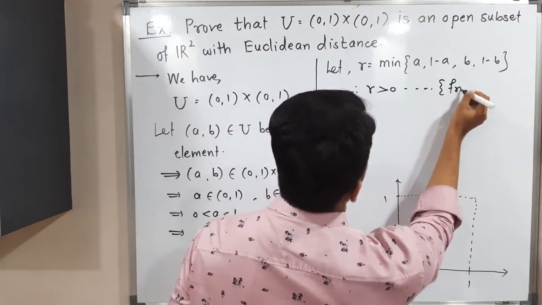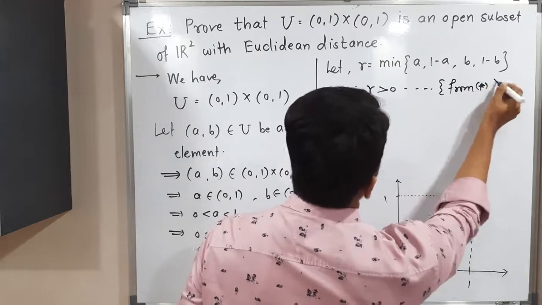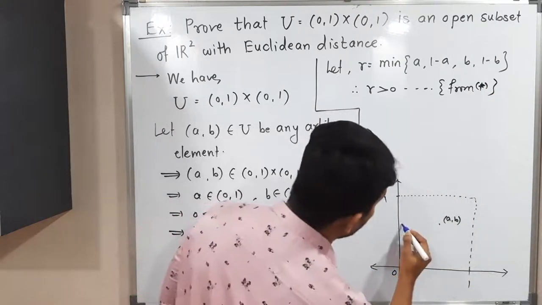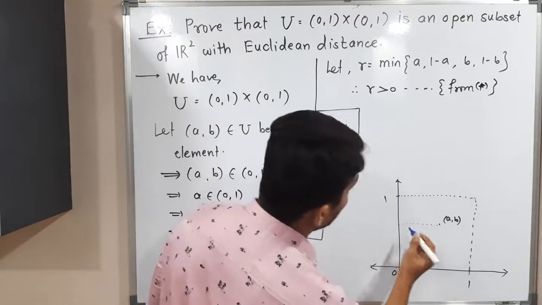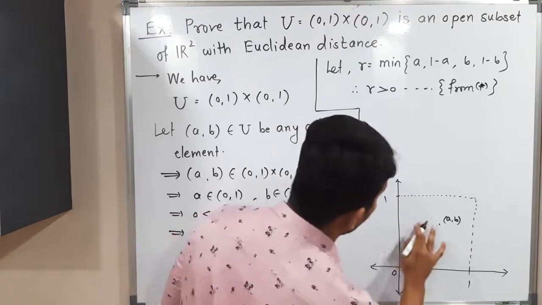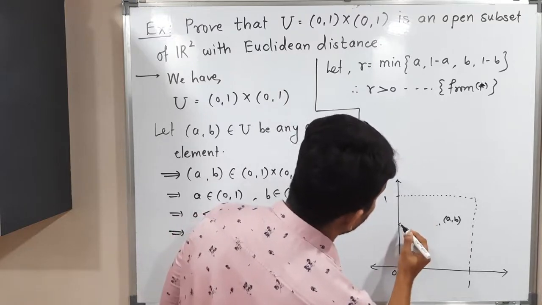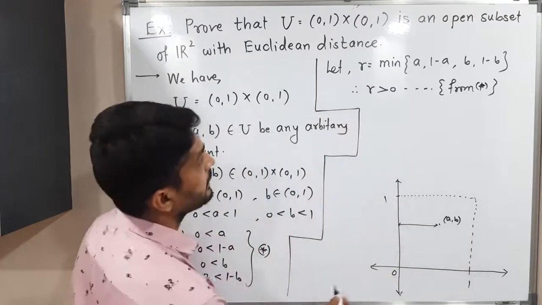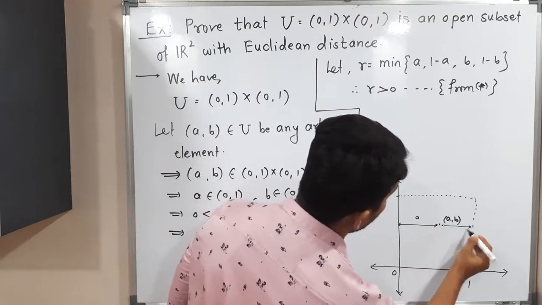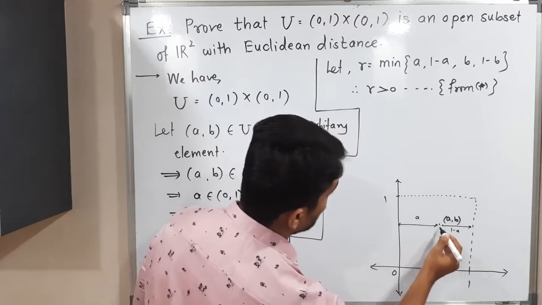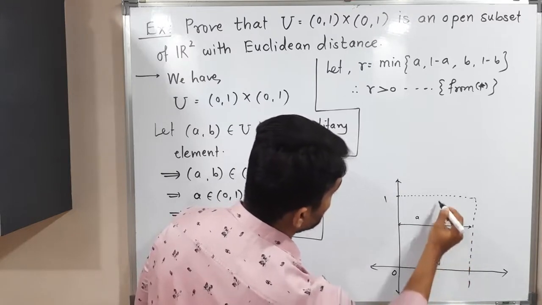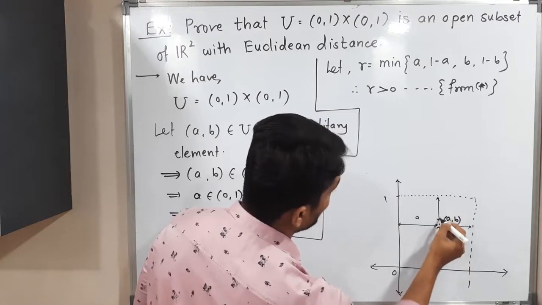So from star. Let me show you what we have done. This distance is nothing but a. I hope it is visible to all. Otherwise I will use this pen. So this distance is nothing but a, this distance is nothing but 1 minus a, this distance is nothing but b, and this distance is nothing but 1 minus b.